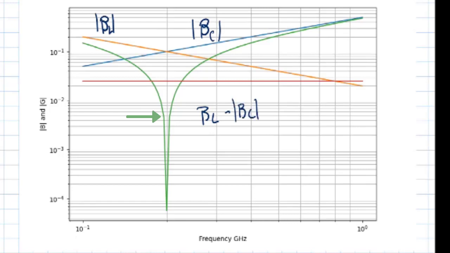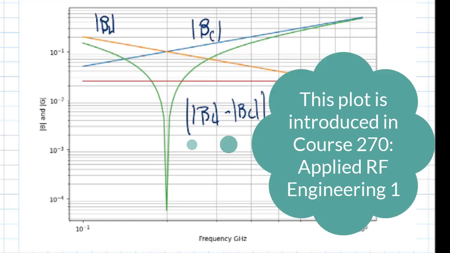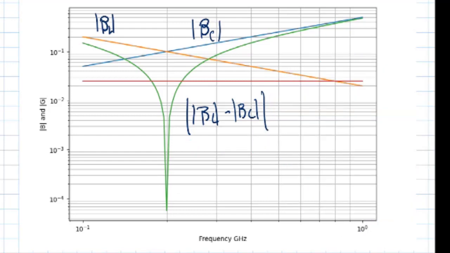But then, since after resonance one becomes greater than the other, and they swap after resonance, what we're plotting really is the absolute value of that difference between the two when they're combined. So in green, we have the absolute value of the magnitude of the combination of the inductor and the capacitor.